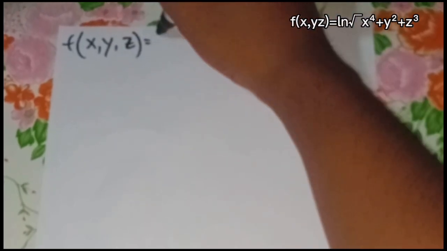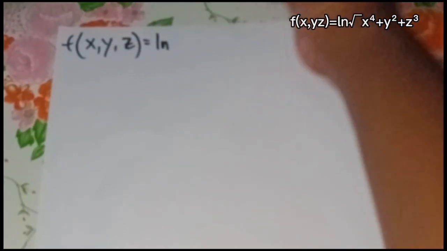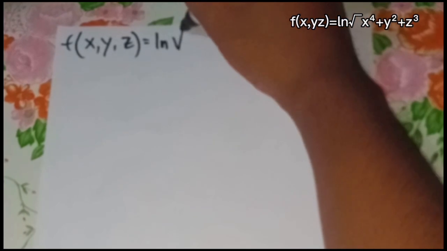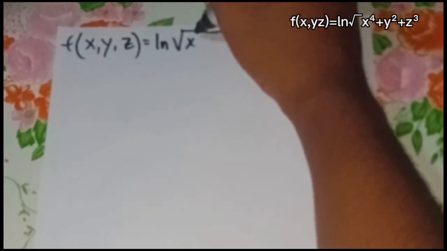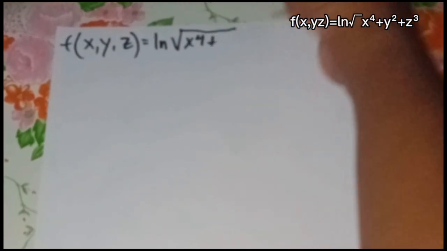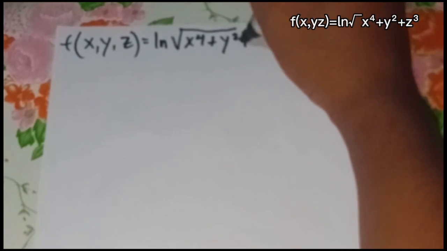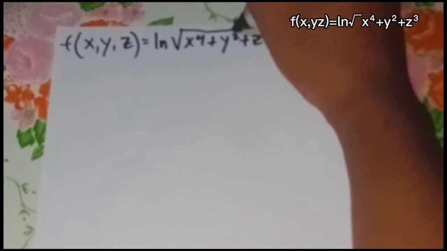Let's try this example. f of x, y, and z equals ln of the square root of x raised to 4 plus y squared plus z cubed.